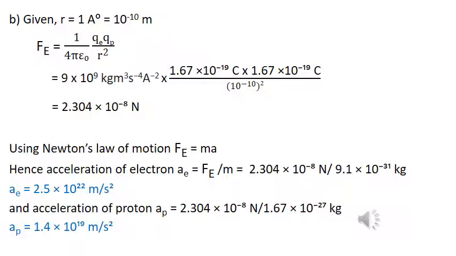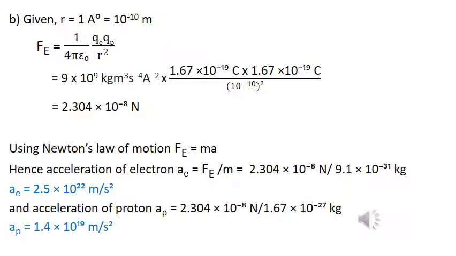So due to electrostatic force, there will be acceleration in both, and we know that the electrostatic force can also be represented as m into a from Newton's second law. So from this equation we can write the expression of acceleration as F by m, and for electron AE is equal to F by m.